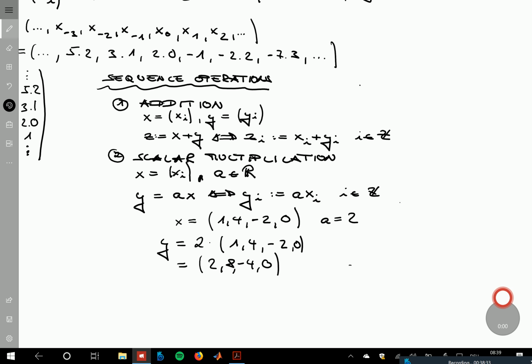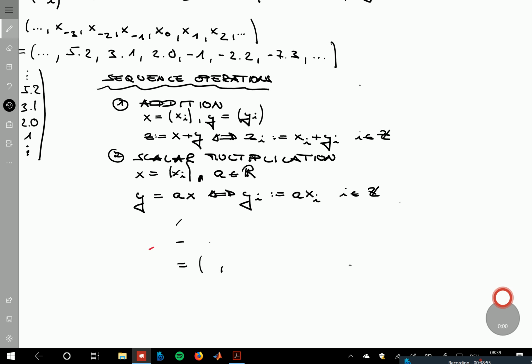So these are the two operations that we need to be able to calculate with sequences. So we know what sequences are now: ordered lists of numbers, usually real numbers. And we can do two things with them. We can add them and we can multiply them with a scalar. Does any of the mathematicians remember, if we have a set and addition and scalar multiplication, what is this? Is this a ring, a field, whatever?